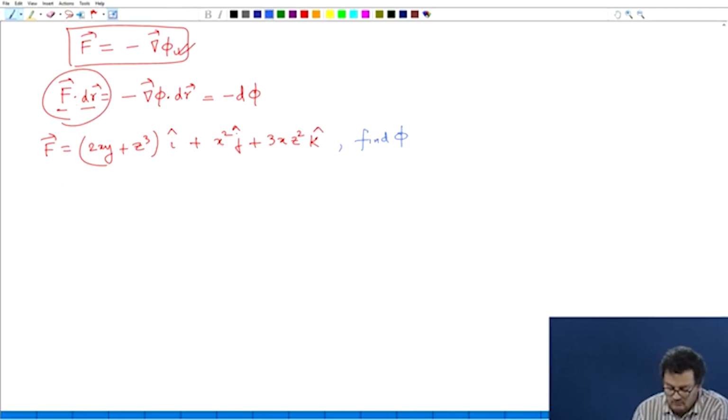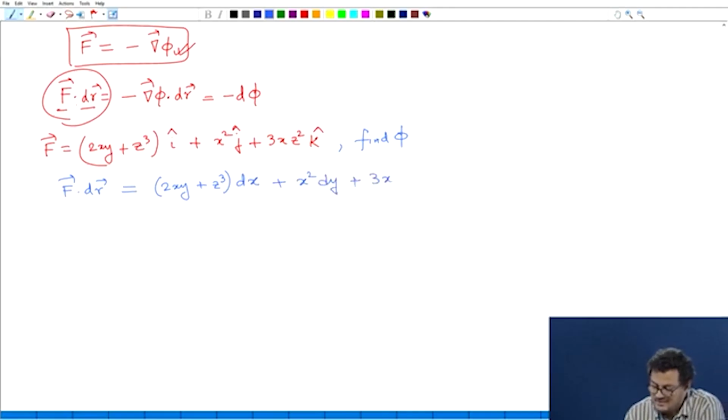For that, the first thing I can do is F dot dr equals (2xy plus z cube) dx, plus x square dy, plus 3x z square dz.